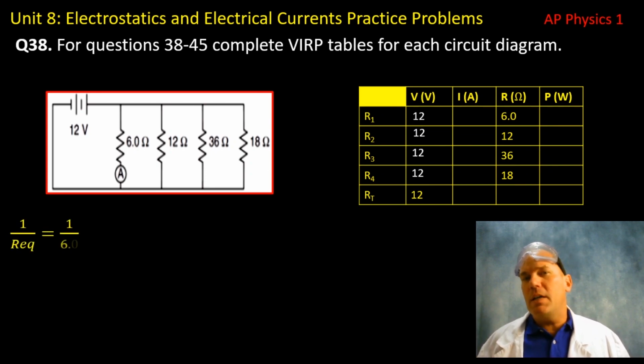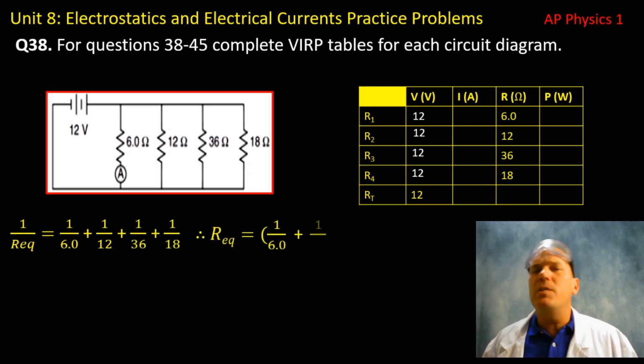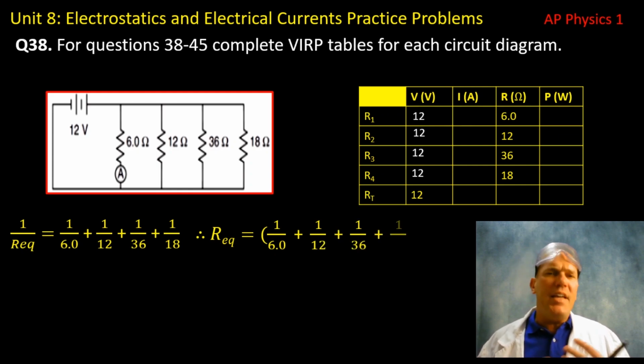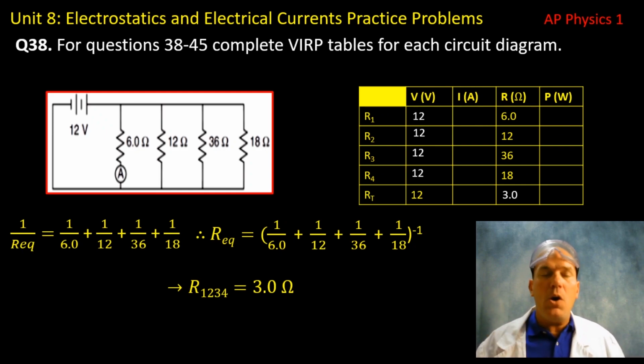Next, you'll go ahead and calculate the overall equivalent resistance for these 4 resistors by taking the inverse of the individual resistors, adding those together, and taking the inverse of that value. That's going to give you an equivalent resistance, and in this case, a total resistance of 3.0 ohms.